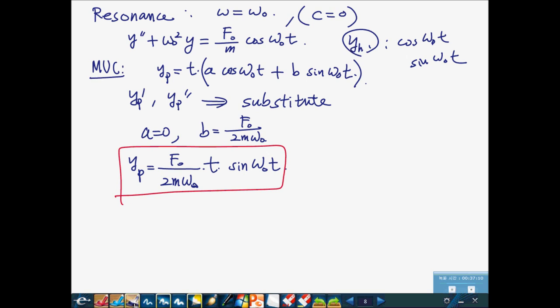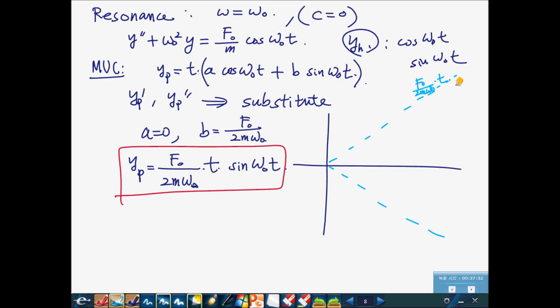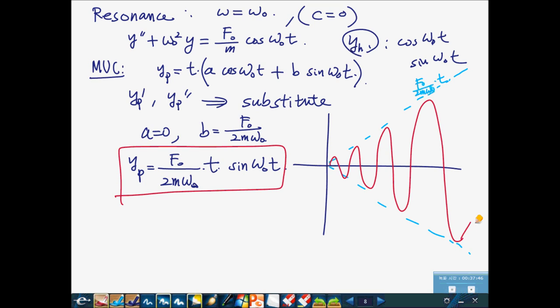And if you draw that function, this is how you do it. So you have asymptotic lines, which is f naught over 2m omega naught times t. Okay, that forms an asymptotic lines, 점근선. And the sign will follow that thingy. So that's how the yp looks like.